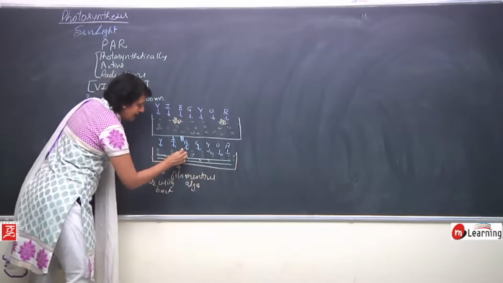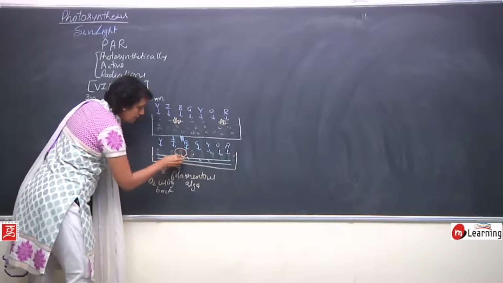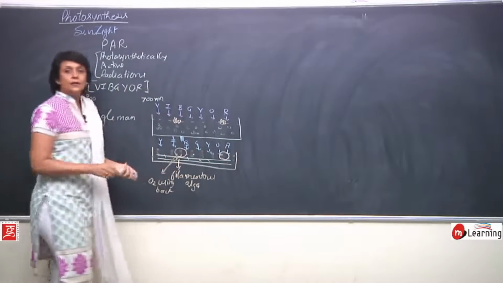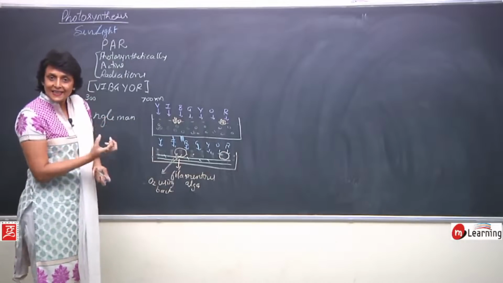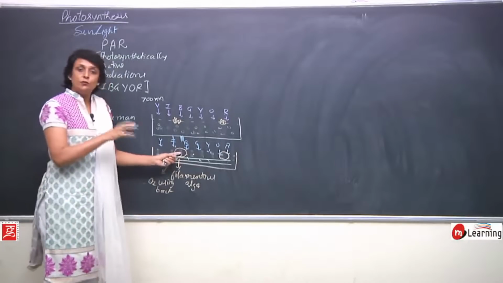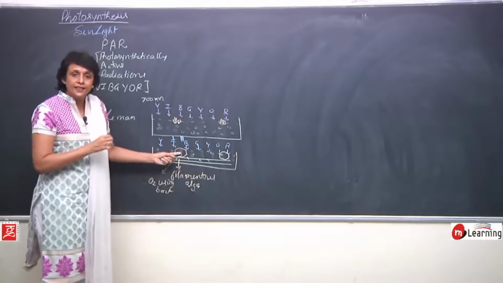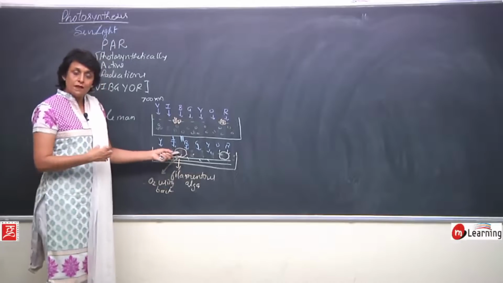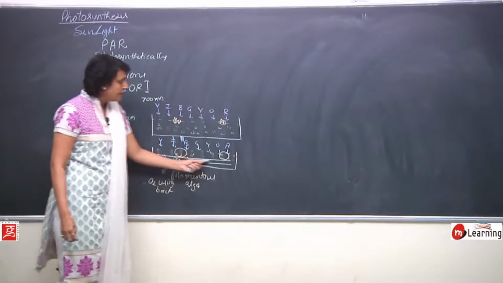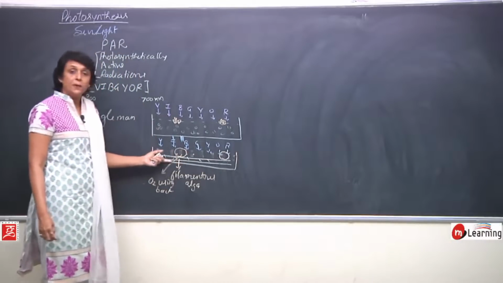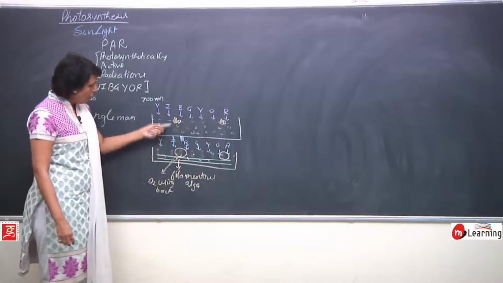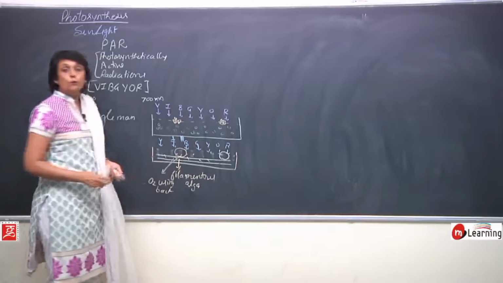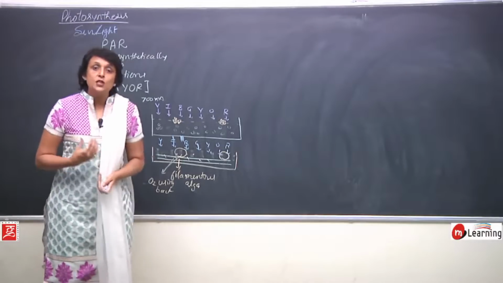So again, in the area of indigo blue and in the area of red, all these aerobic bacteria collected. The reason for their accumulation in a particular region was that here they were getting oxygen, and this oxygen was available because of the green alga performing photosynthesis. So both these experiments prove that there are two distinct bands where action is more.